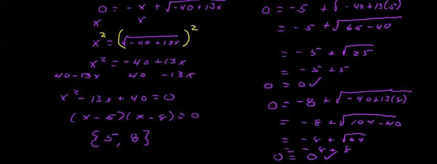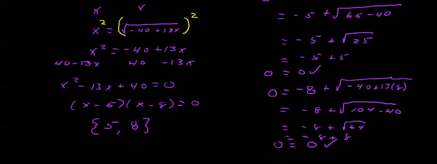Not to be put off here, the next one won't check. Sometimes they work, sometimes they don't. Our last example, we have the variable and a number outside the radical. I add 1 to both sides.